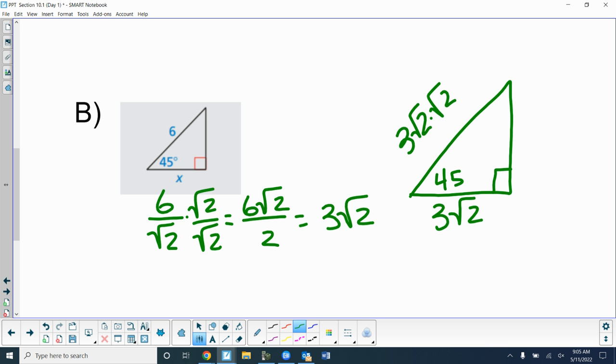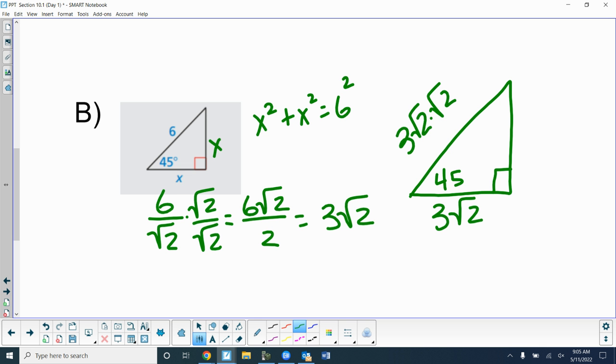If you forget, though, on one of these, you could go x squared equals 6 squared, right? You could do that and solve it using Pythagorean. But you don't have to because you're going to memorize those, right? But that's another way to do it if you forget.